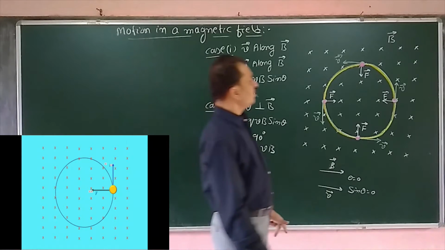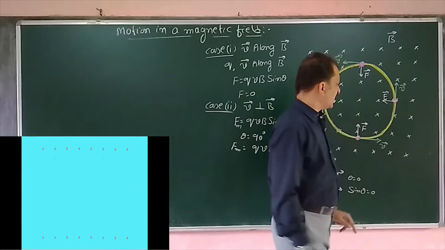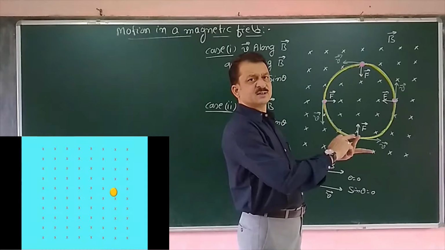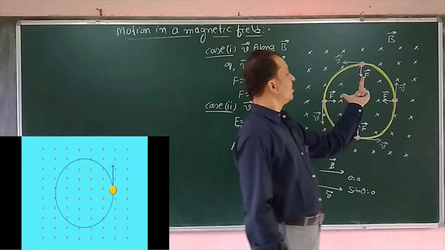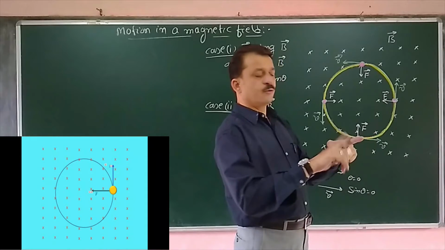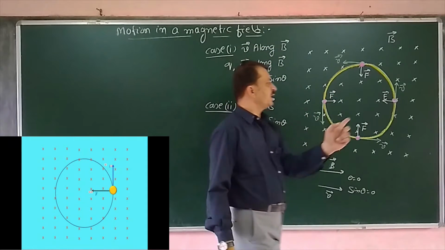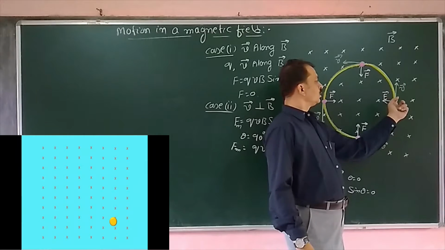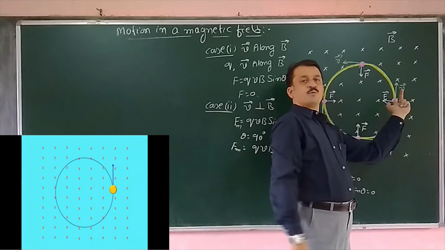Okay. Now, at this point, look here. Now, this is the velocity. The velocity is upwards. Middle finger is upwards. Now, forefinger is the magnetic field. It is into the board. Magnetic field is into the board, and velocity is upwards.